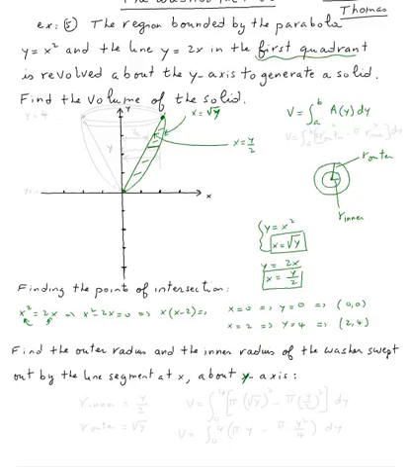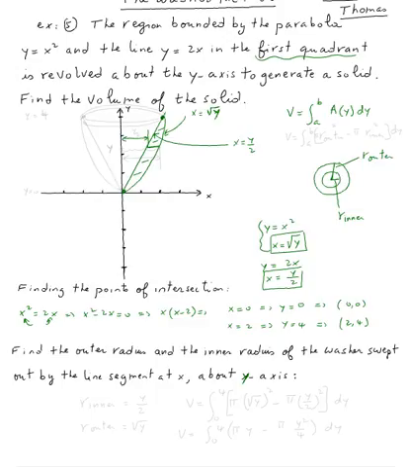Next, we need to find the inner radius and the outer radius. The inner radius goes from here to this line. So R inner will be y over 2.